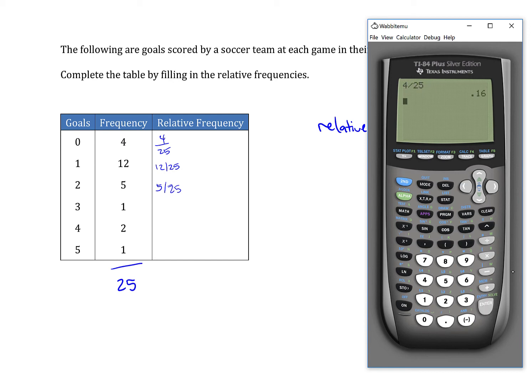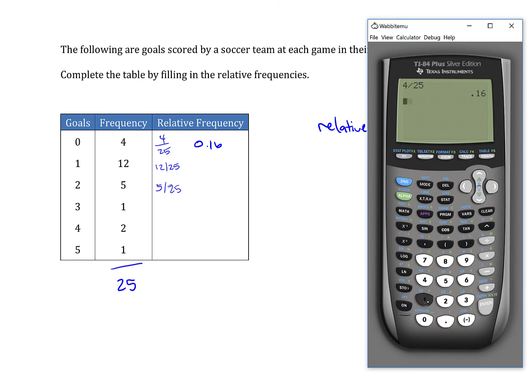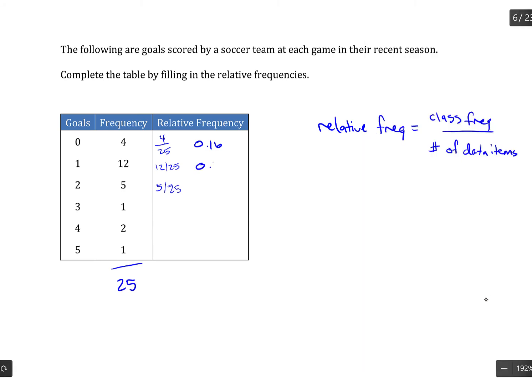4 over 25, the relative frequency of the first class is 0.16. And then 12 over 25, that gives me a relative frequency of 0.48 for the second class.